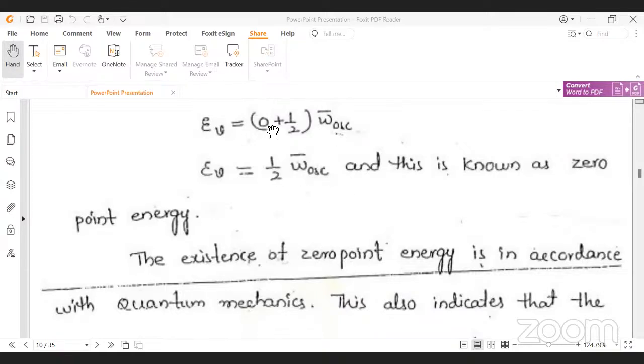When the vibrational quantum number v is 0, the energy of the molecule in the ground state is 1 by 2 ω bar oscillation. This energy is known as the zero point energy. It is important, for example, from the point of view of entrance as well. We call this the zero point energy.